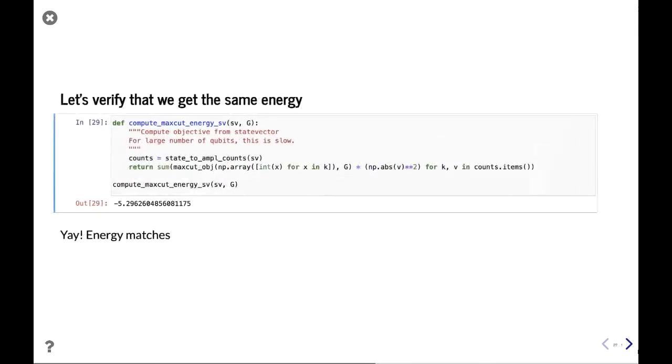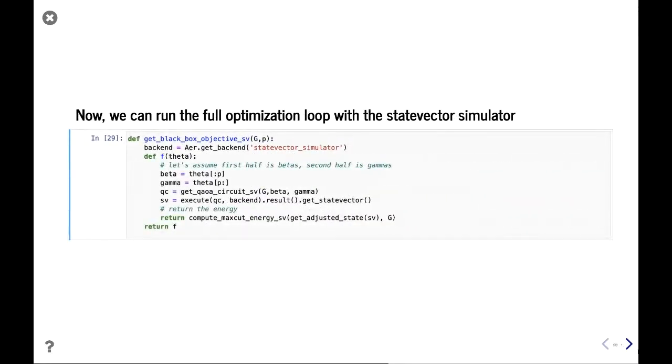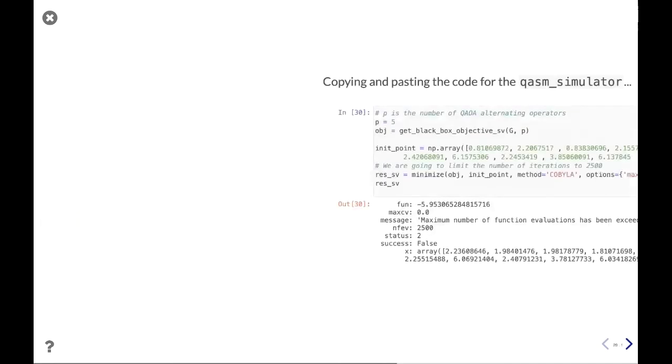Okay, so now we're using the full state vector, and let's just see what happens if we run the optimization loop with the full state vector. So now our optimizer gets the energy that's computed from the full state. So it's an exact energy as opposed to energy estimated from samples.